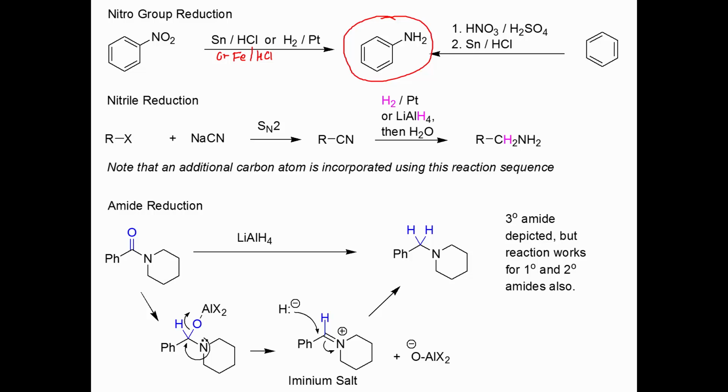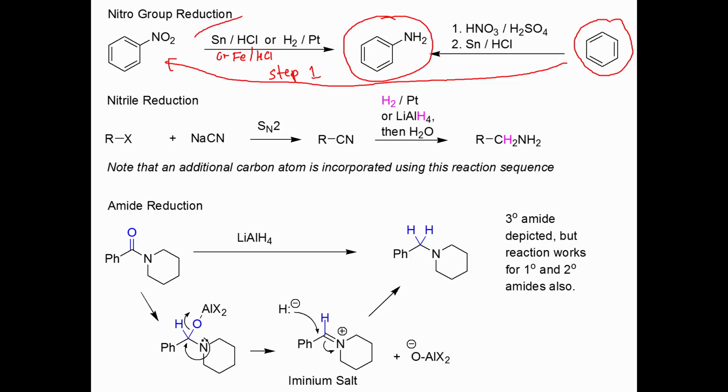Okay, you might wonder, how do we convert benzene directly to aniline? So here's benzene, we can convert it to aniline by nitrating first. Step 1, this is kind of a little bit of an awkward presentation the way it's set up here, but you'll see what it does.